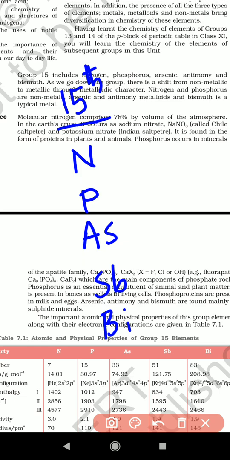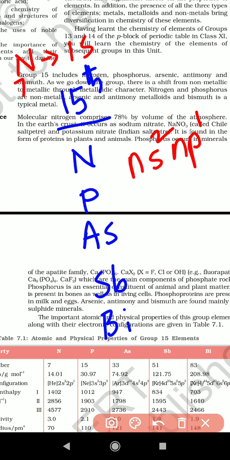These 15th group elements have the outermost electronic configuration ns2 np3. For example, take nitrogen. The atomic number is 7.